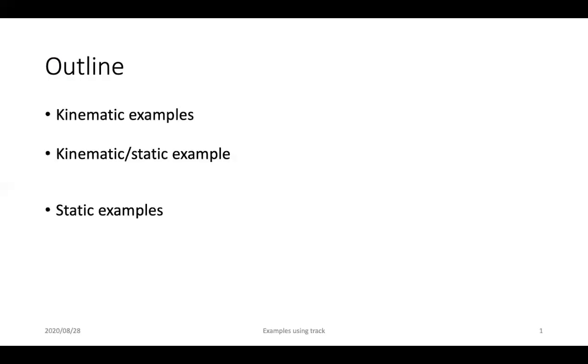So what we'll look at is various different types of uses and some examples of those uses. We'll look at a kinematic example, what we call a kinematic static example, and some true static examples. In the first category, we will look at GNSS seismology, which is basically using GNSS sites to measure displacement at a high rate during a seismic event, essentially turning the GNSS equipment into a seismometer.